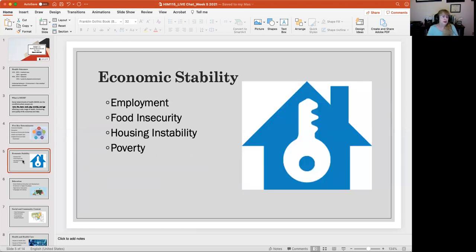Okay, so let's talk a little more about economic stability. Economic stability includes employment, because that's where the money comes from, having a job, right? But then we also have food insecurity.